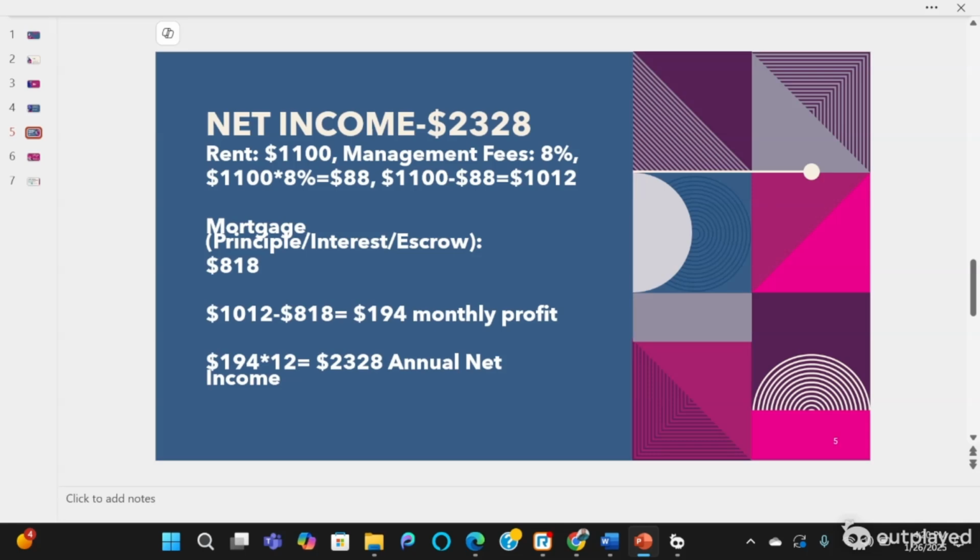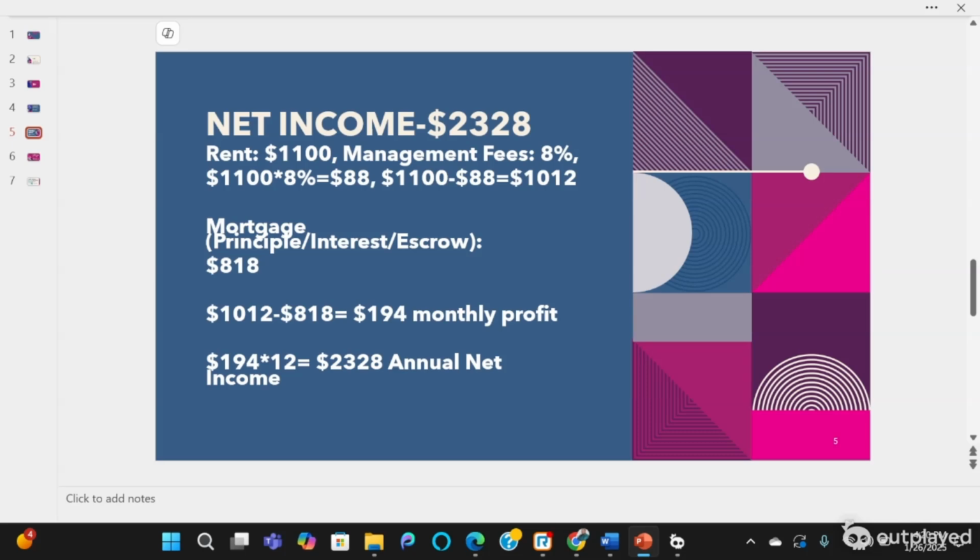Now, in this property, the gross rent is $1,100 a month. Let's say the property management team that collects the rent, and also does potentially periodic checks throughout the year, charges you 8% of the rent to manage this property for you.